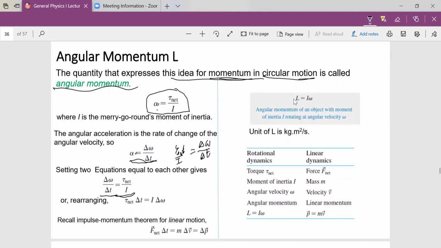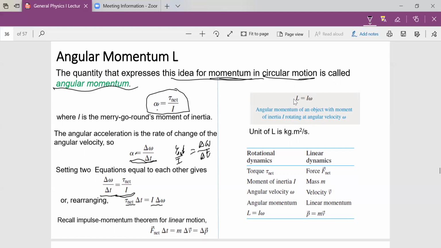Then if we make it a linear expression by cross multiplying, torque multiplied by change in t, we have this, and I multiplied by angular velocity, we have this. Now, if you look at this critically, you already know torque to be the force equivalent in rotational motion, then we have moment of inertia to be the mass equivalent in rotational motion, and the velocity.